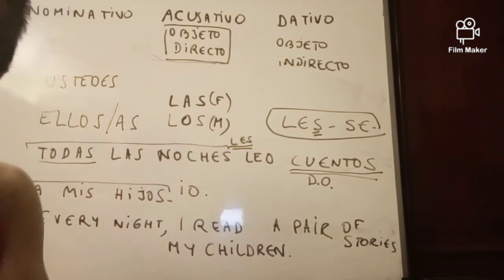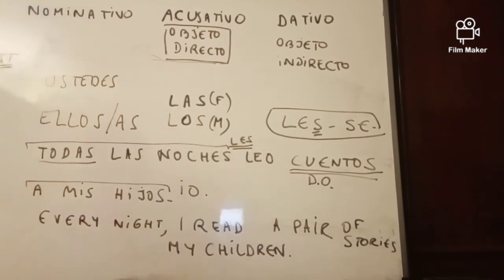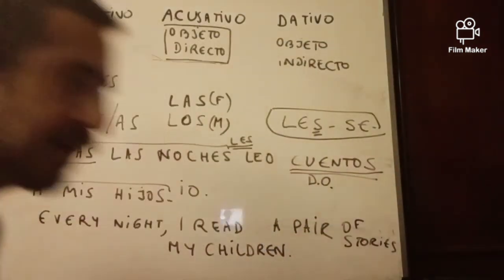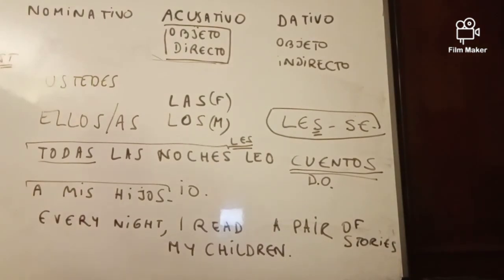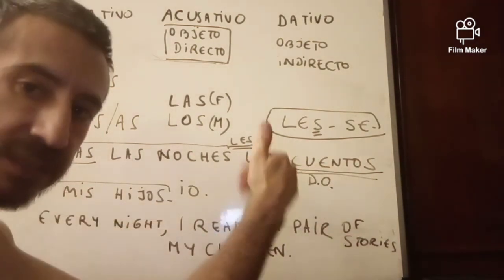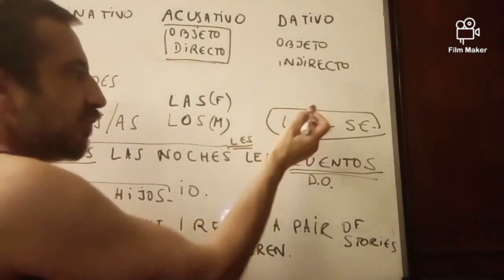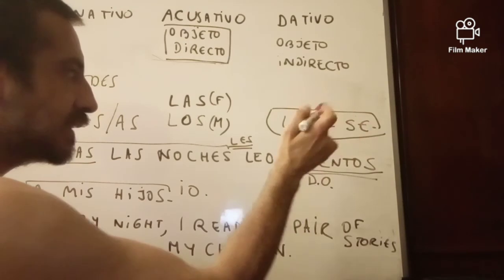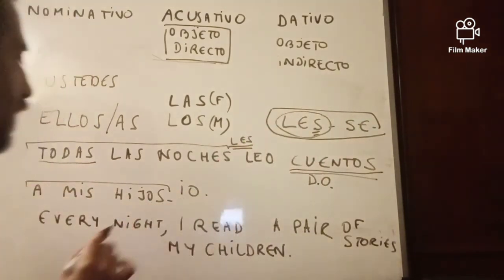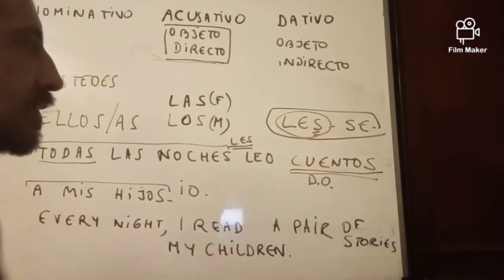Here we have to be very careful because it depends on what we are going to change. If we don't want to change the noun that is the direct object, cuentos, the pronoun for the indirect object will be this one. Todas las noches les leo cuentos.